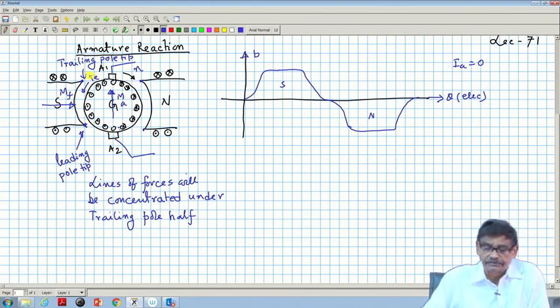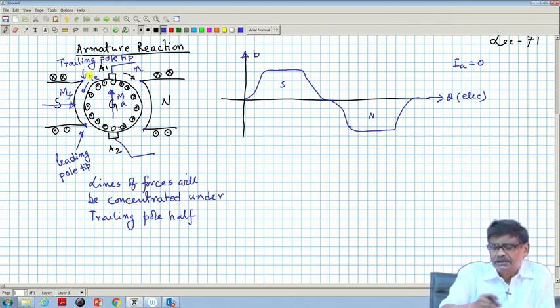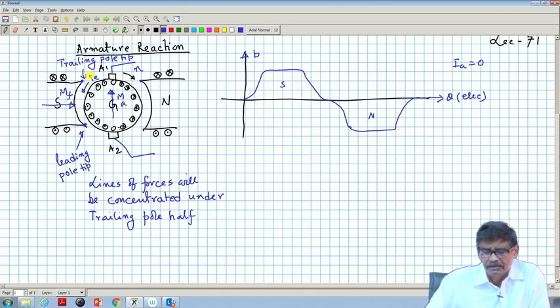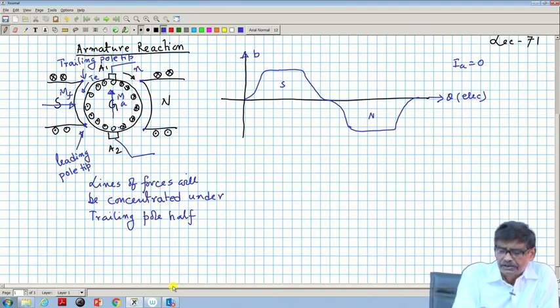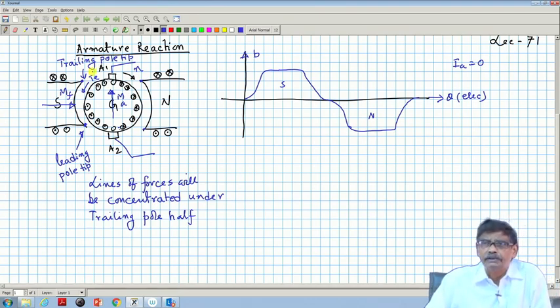These things we discussed. Therefore, it looks like the flux per pole will remain the same, as I told you, because the increase in one half will be compensated by the decrease in the other half, and so the flux per pole remains the same, and whatever formula we derived for the induced voltage really remains intact. But because of saturation, the increase in one half will be slightly lesser than the decrease in the other half.